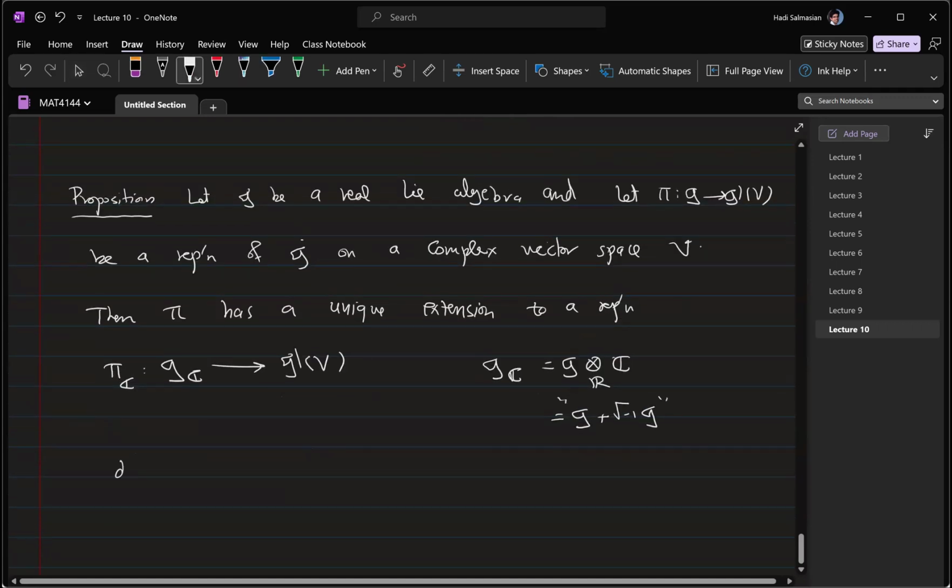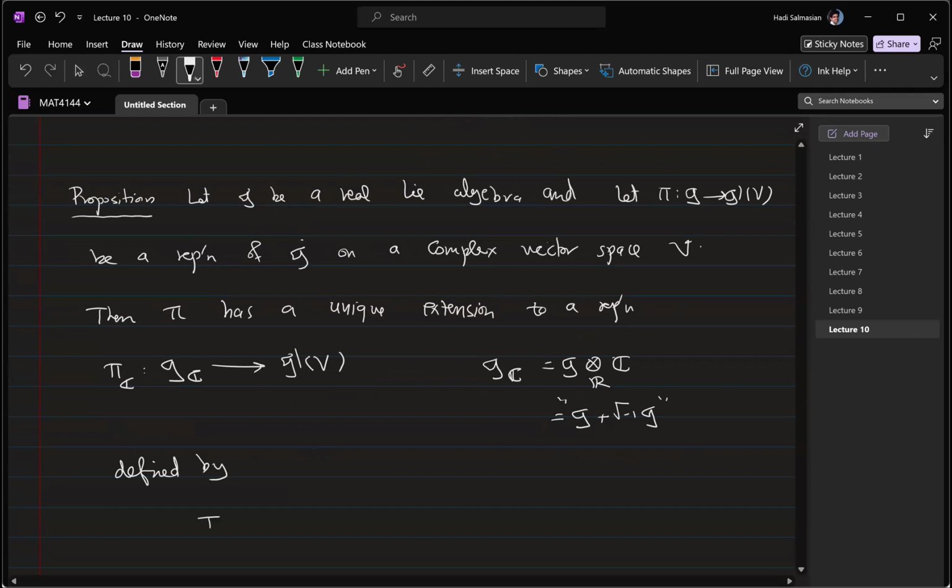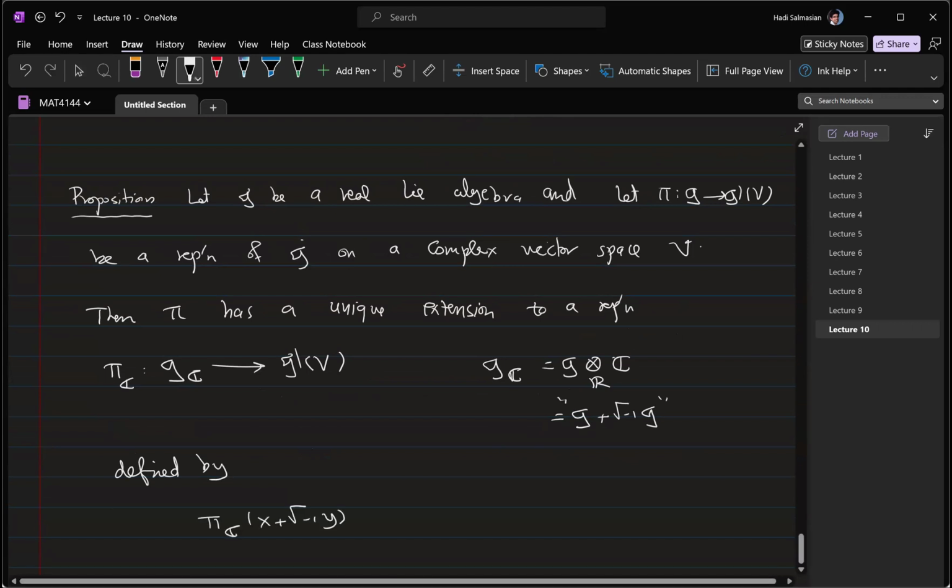Defined, so this pi_C is defined by the way you expect it. So pi_C of x plus square root of minus 1 y is just pi(x) plus square root of minus 1 pi(y).